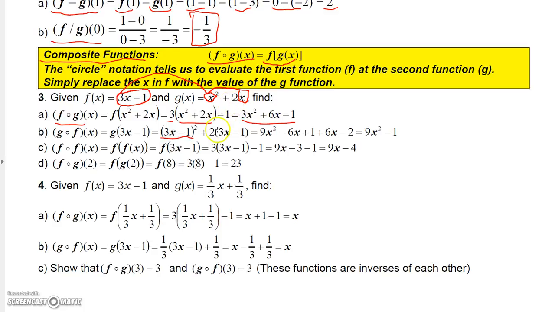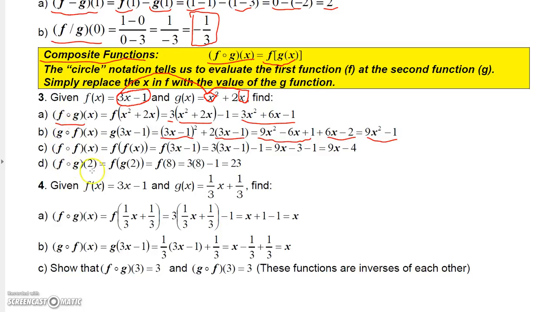And instead of 2x, I would replace the x with 3x minus 1, and I'd have 2 times 3x minus 1. Well, you know how to square a binomial, so that's easy. 9x squared minus 6x plus 1, and then you distribute the 2, and you get 6x minus 2, and then you collect like terms. The 6x and the minus 6x cancel, so you get 9x squared, and 1 minus 2 is negative 1, so you just get 9x squared minus 1.